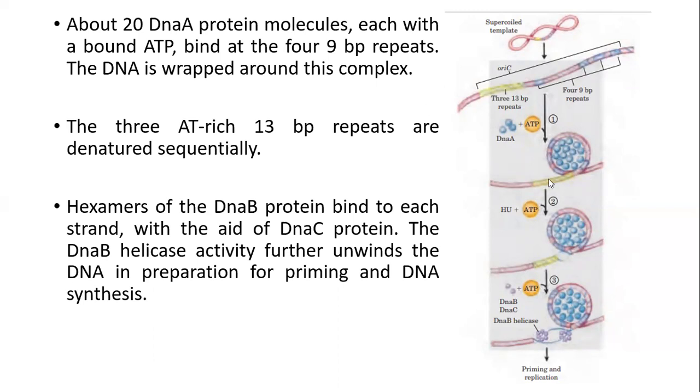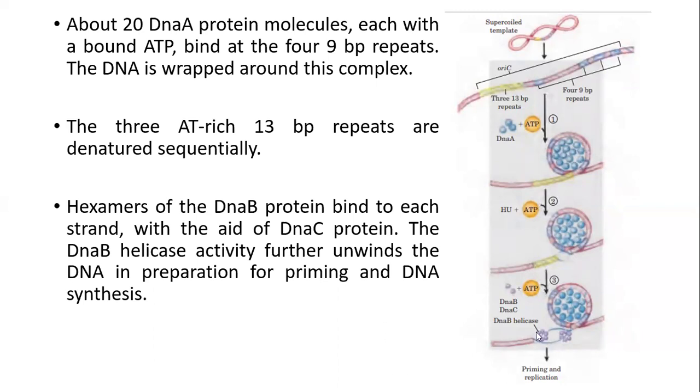As the DNA denatures at the 13 base pair sequences, the next protein that enters is the DNA B protein. So DNA C protein here basically helps in recruitment of DNA B protein, while DNA B protein is a helicase, and it is basically a hexamer made up of 6 subunits.